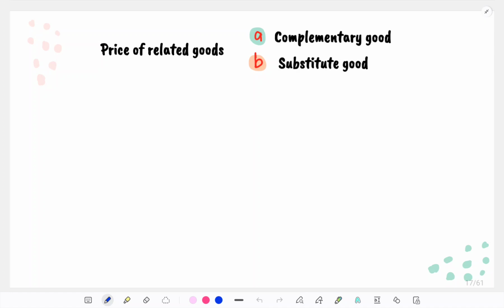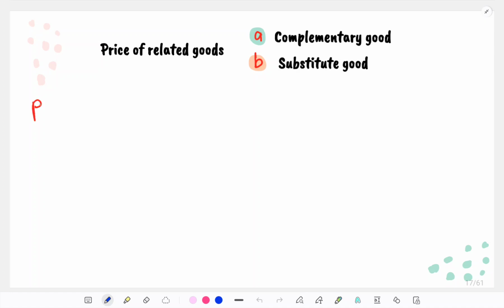So, any kind of goods that must be used together or bought together, we categorize as complementary goods. We take one example between burger and fries. When we eat burger, we eat together with the fries as the complements.